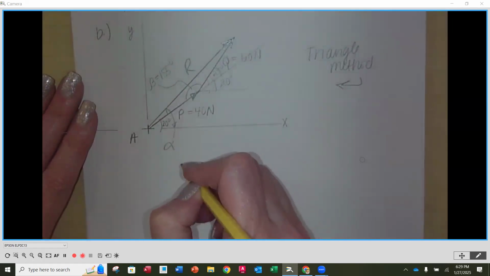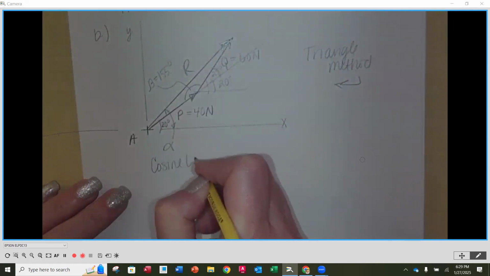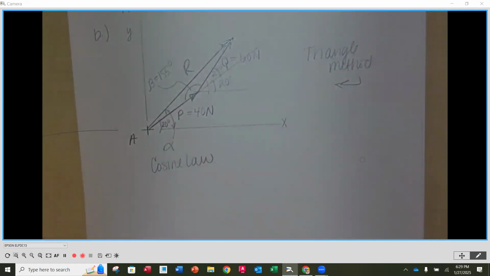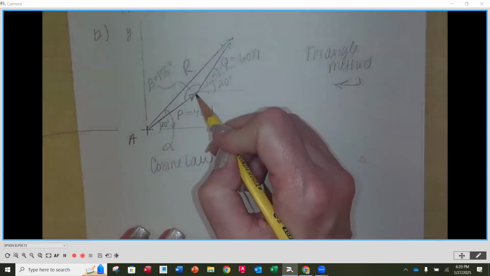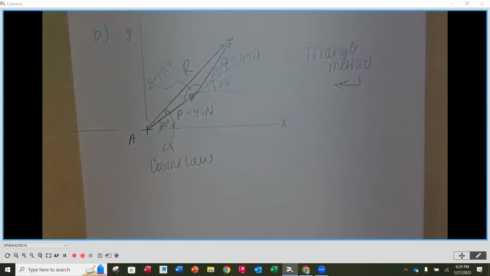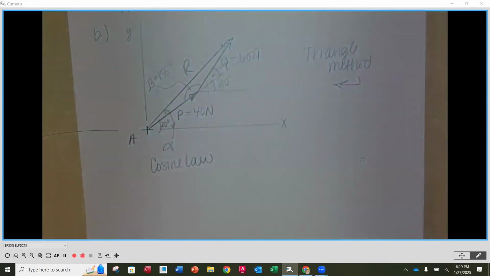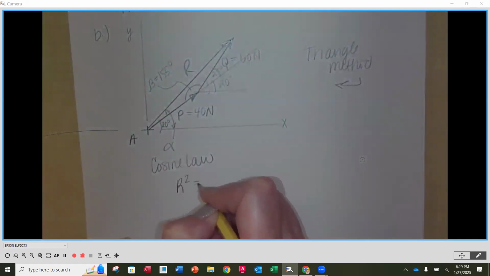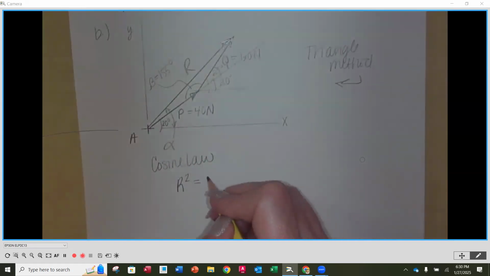So our cosine law: when we look at the cosine law, we want to find, if we know our angle is 155, which is opposite the value that we want to find, in this case we're going to start with the resultant squared, which is equal to one of the sides that makes up that angle.